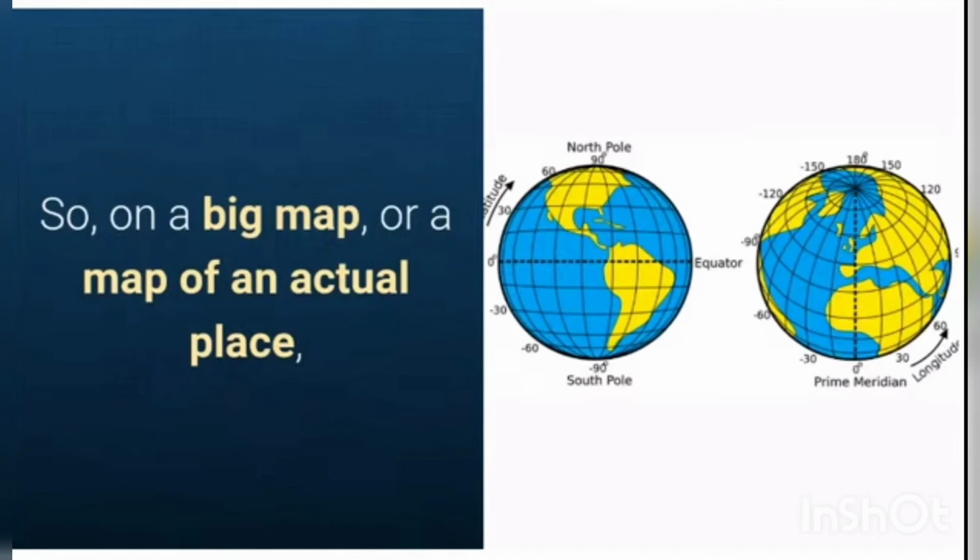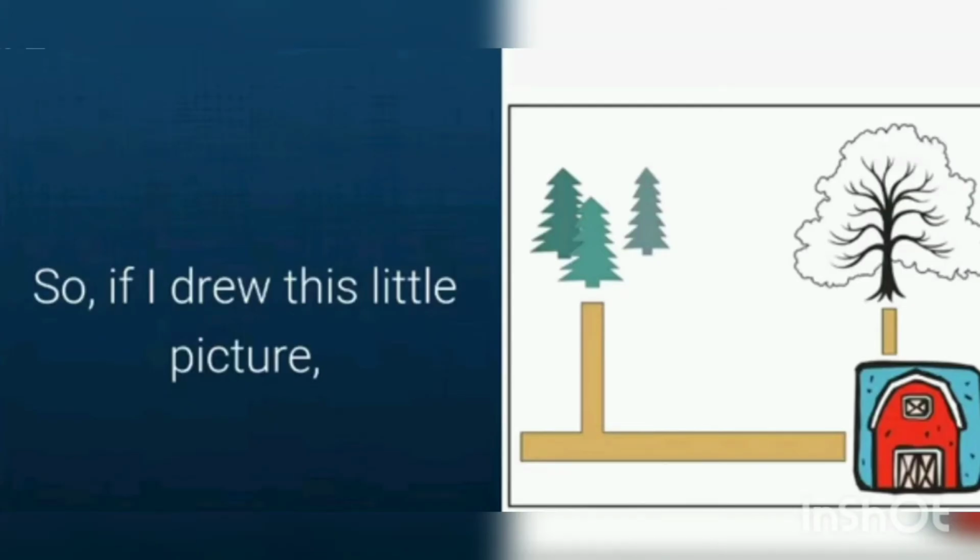Now see how we can do it in a very small one. There is a small picture I am going to draw of a tree. I am going to draw my backyard, a map of my backyard, and you should tell me where the tree is. For that purpose I am drawing a small picture of a tree.